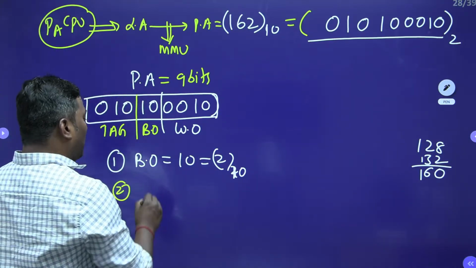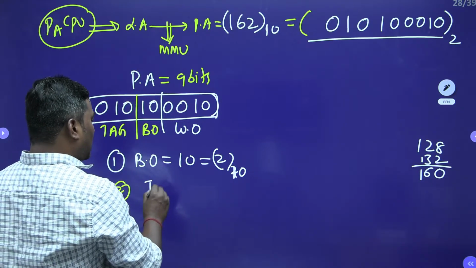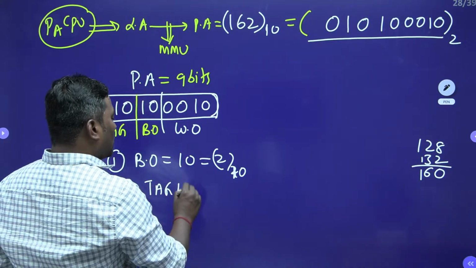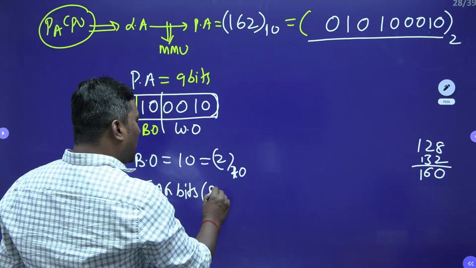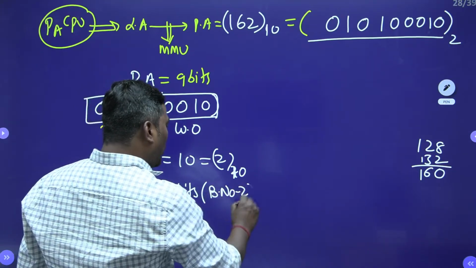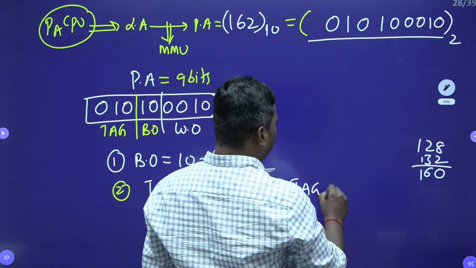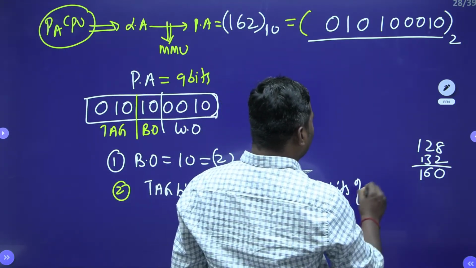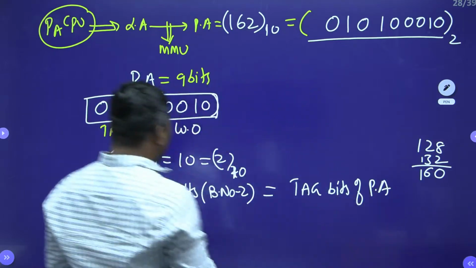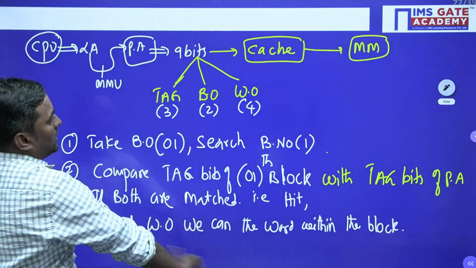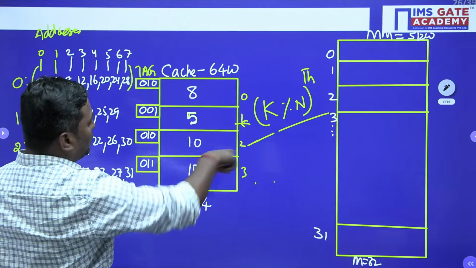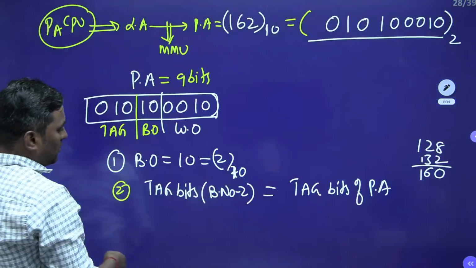What is the second step? You have to compare the tag bits. The tag bits of block number 2 must be compared with the tag bits of the physical address. You go and see block number 2, 0, 1, 2. The tag bits are 0, 1, 0 in binary. Here the tag bits of the address are also 0, 1, 0.